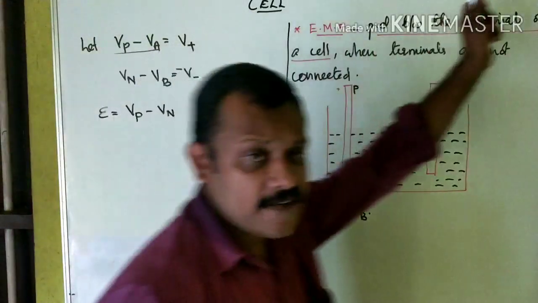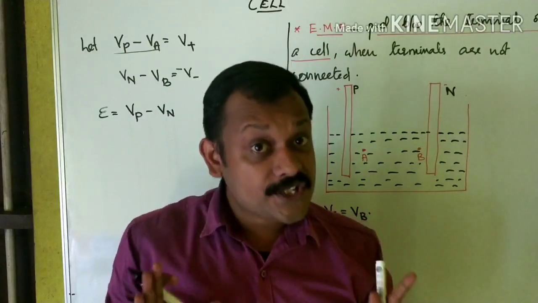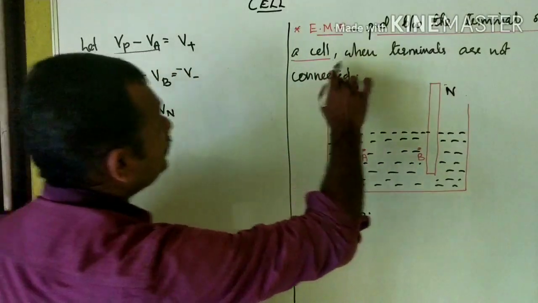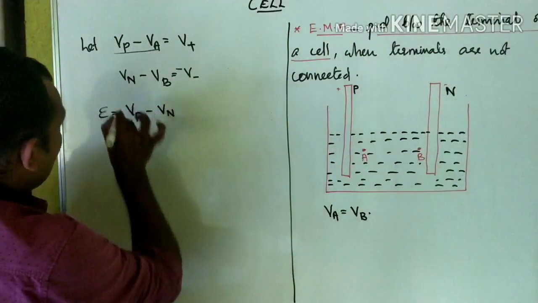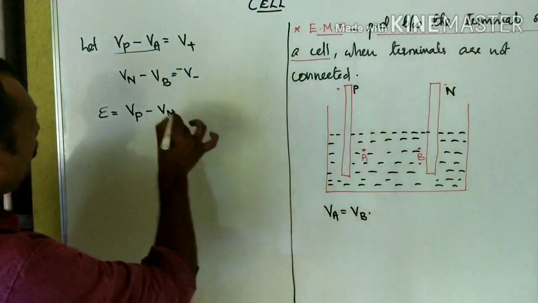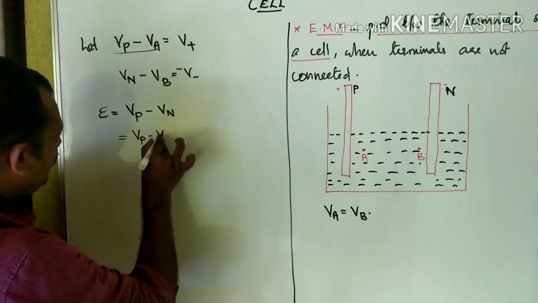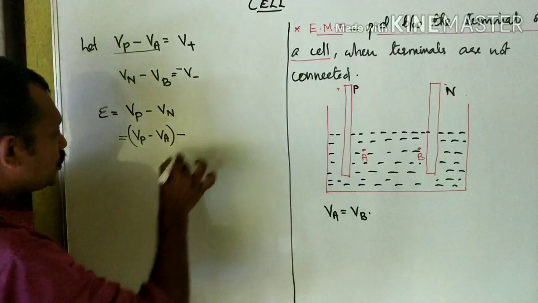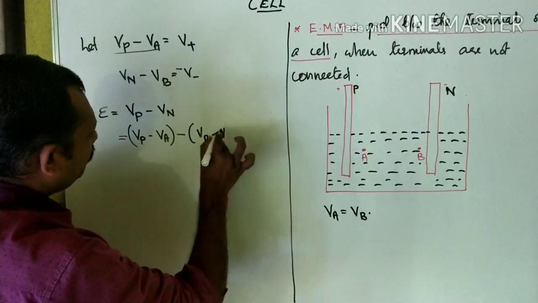Which means the EMF epsilon is equal to Vp minus Vn. May I write this as Vp minus Va minus Vb minus Vn.